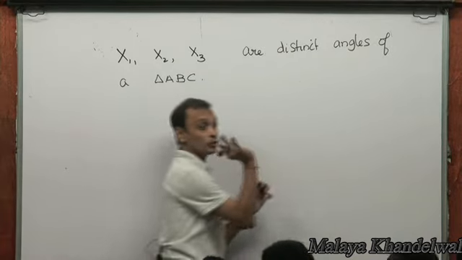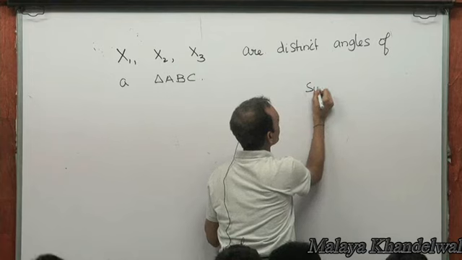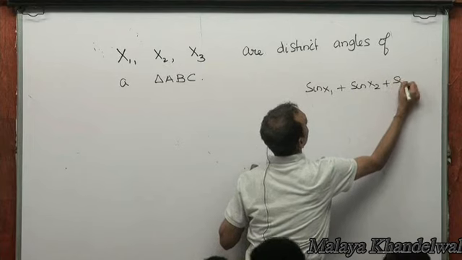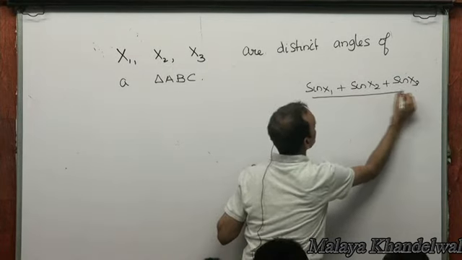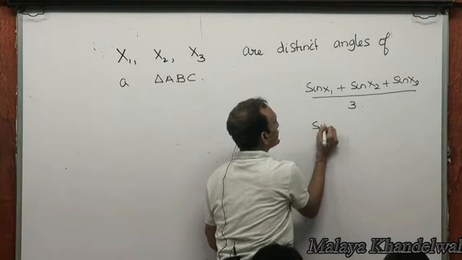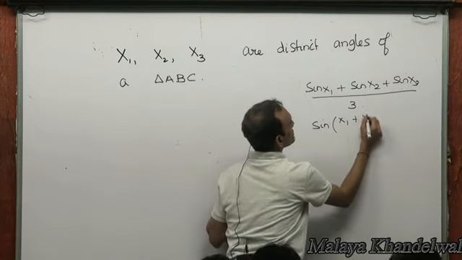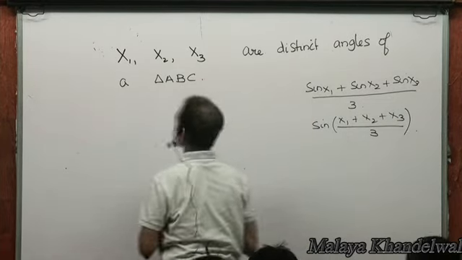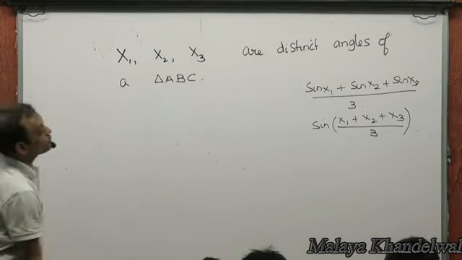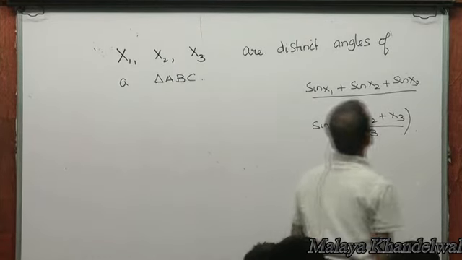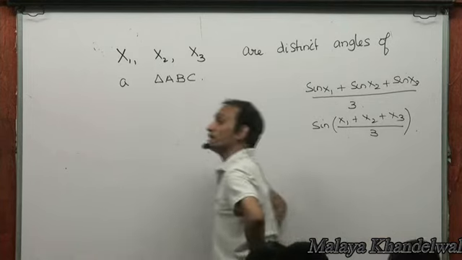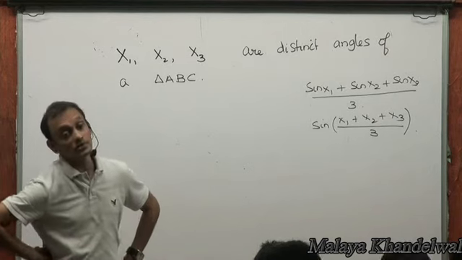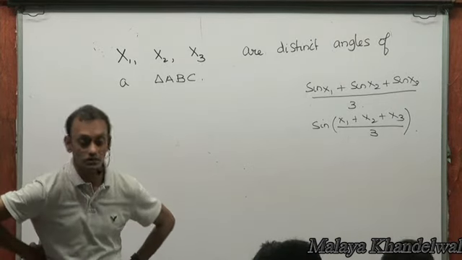Now, I want to compare these two entities: (sin x1 plus sin x2 plus sin x3) by 3, and sin of (x1 plus x2 plus x3) by 3. I want to find out which of the two is larger, whether (sin x1 plus sin x2 plus sin x3) by 3 is larger, or sin of (x1 plus x2 plus x3) by 3 is larger.